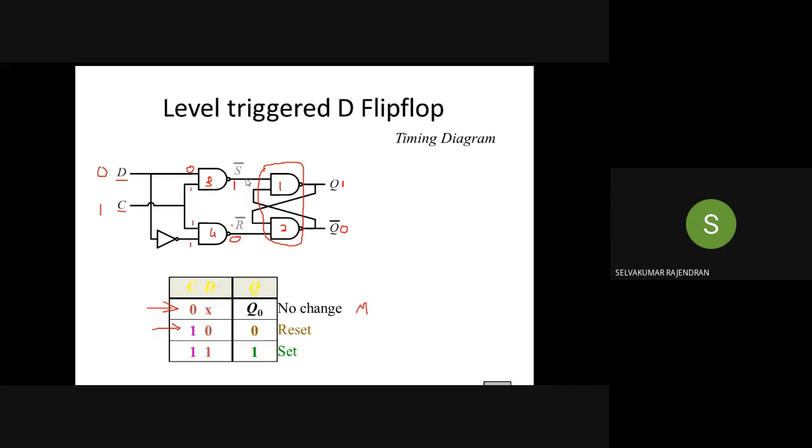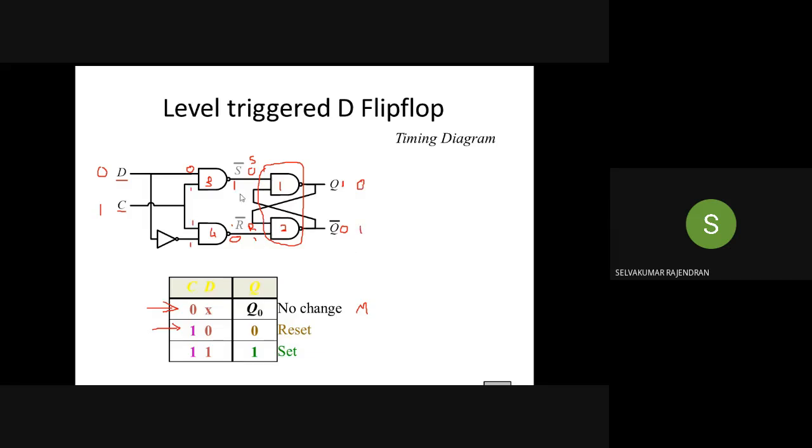In true form, S bar 1 means S value 0, and R value 1. If the R value is 1, that means it is the reset condition. So what will happen? Q goes to 0, and Q bar goes to 1.